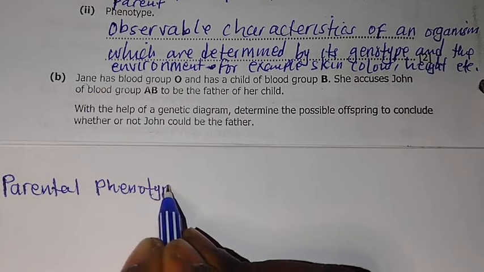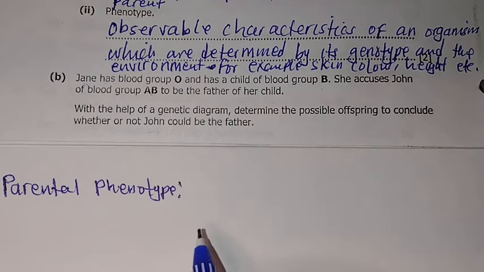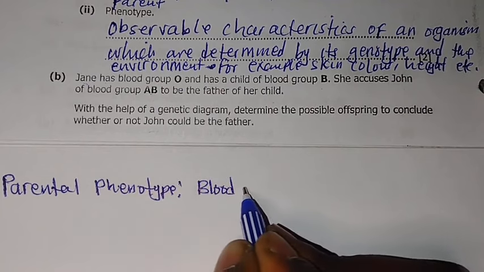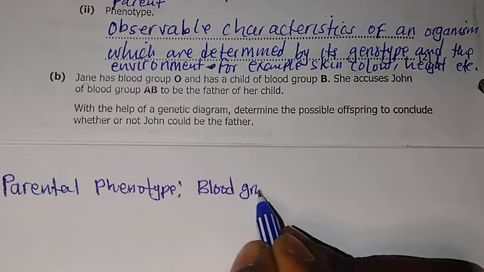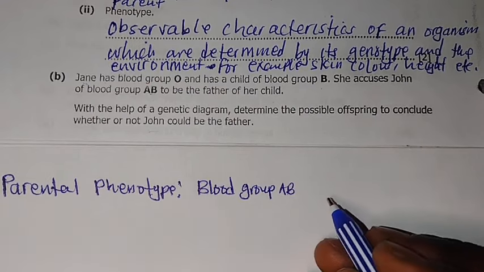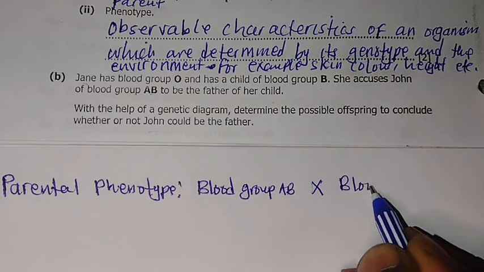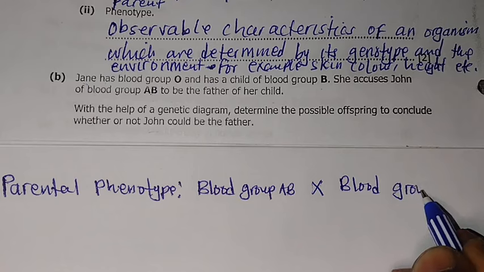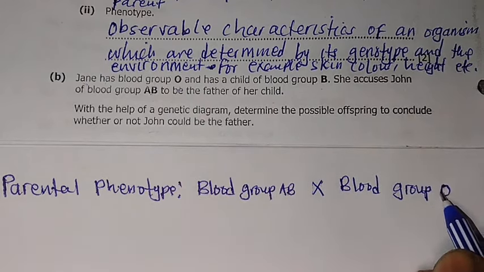Since we are looking at the blood groups, we are going to get the blood group of the parental phenotype of John. So say blood group AB. This blood group AB is going to be crossed with the parental phenotype of Jane, blood group O.